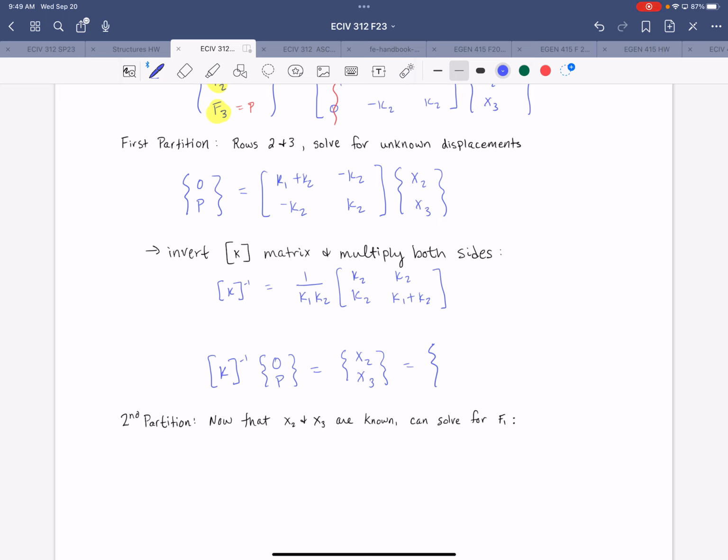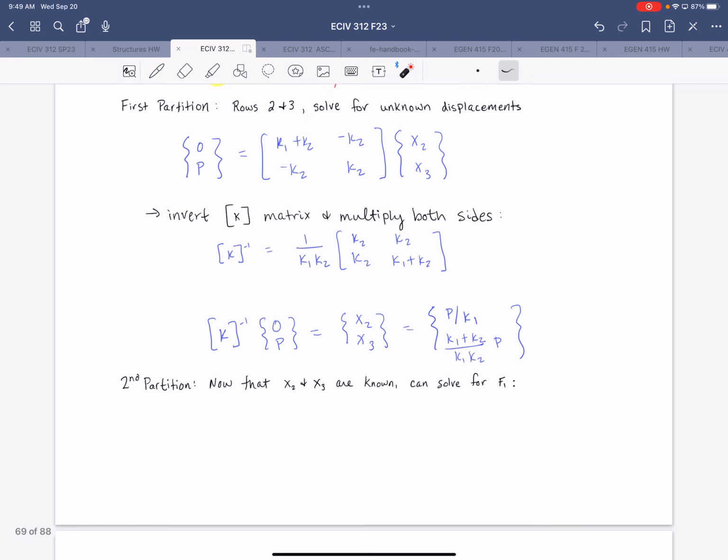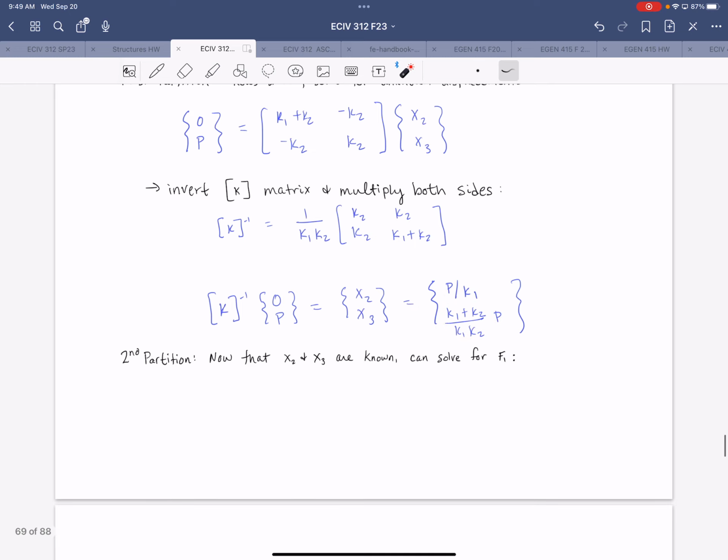The result will be P divided by K1 for x2, and K1 plus K2 divided by K1 times K2, times P, for x3. You'll notice the results for the displacements are all in terms of the applied force to the system and the stiffnesses of the two springs.